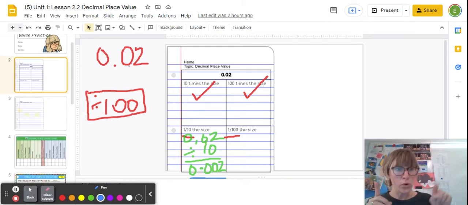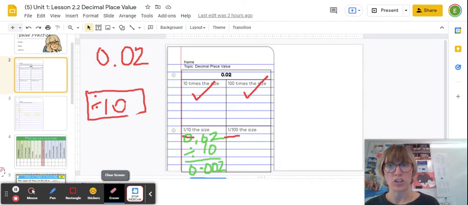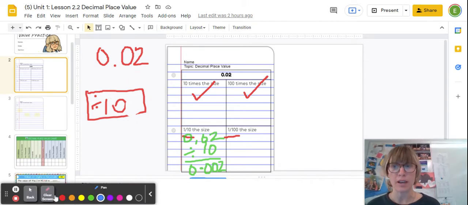We're going to test it or prove it using the whooping strategy. So here's our original number, 0.02, 2 hundredths, and we're going to make it a tenth of the size. We're going to divide it by 10. We're going to use that whooping strategy. So we want the number to become smaller.